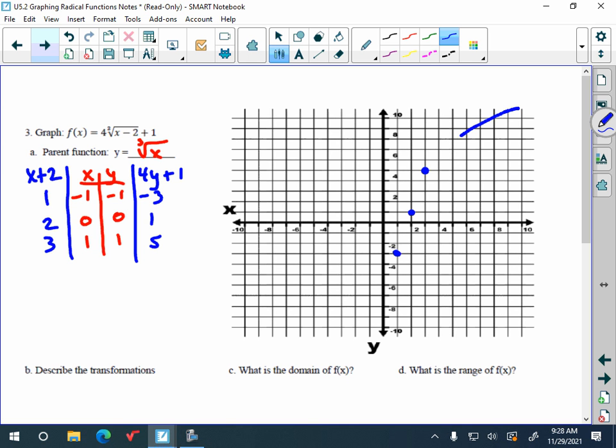It's going to look something like this. Because of that 4 in front, that's stretching it out vertically. That's why the space between these three points is spread out, because of that 4.